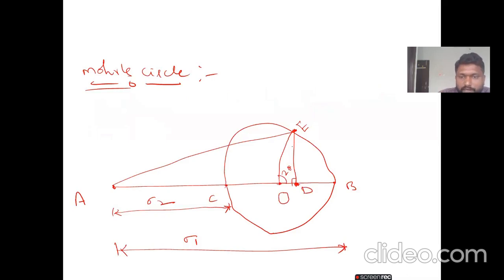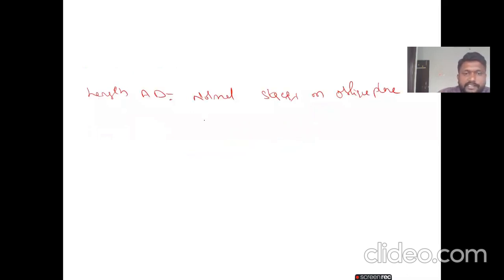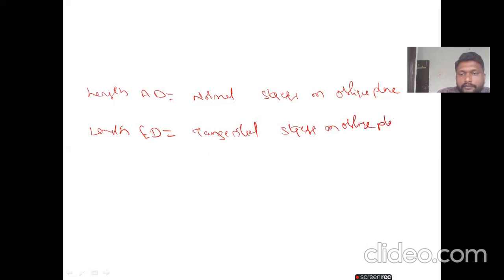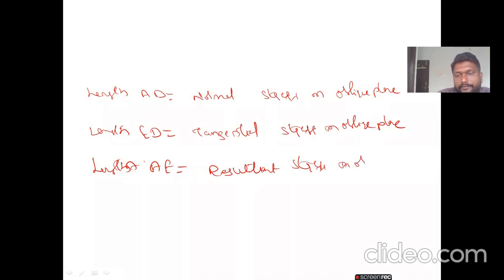The length ED we call the tangential stress on the oblique plane. Next, the length AE we call the resultant stress on the oblique plane.